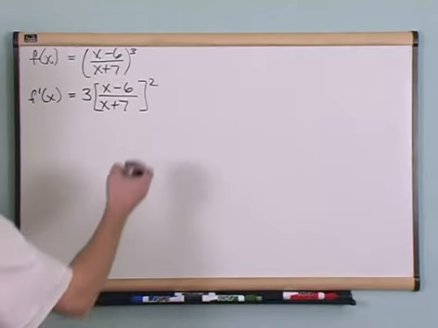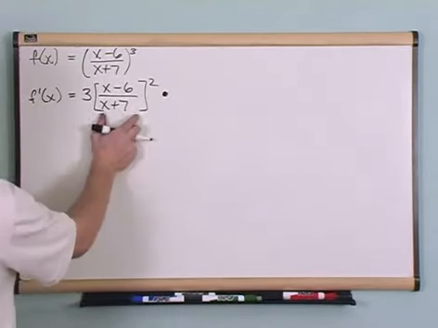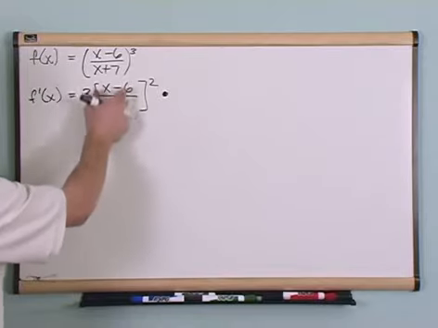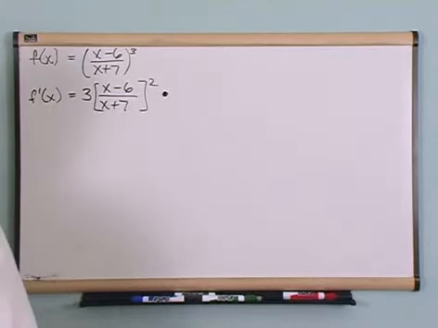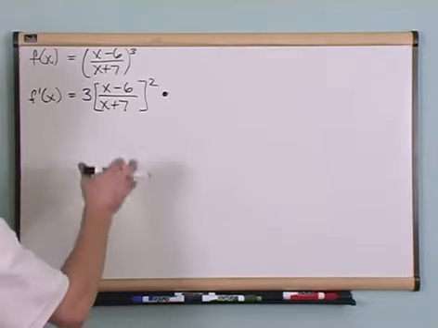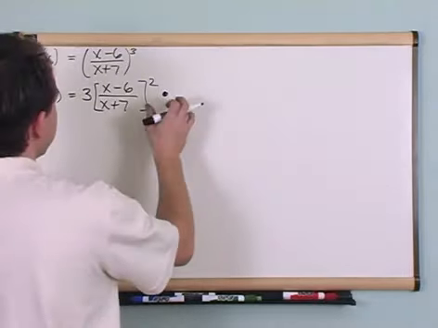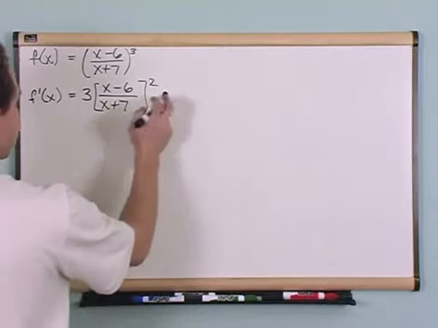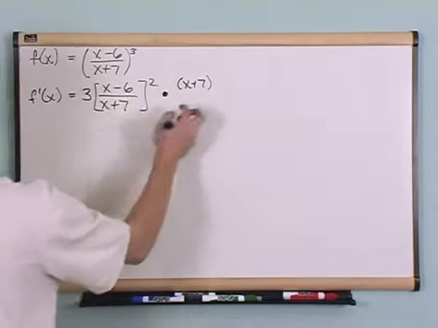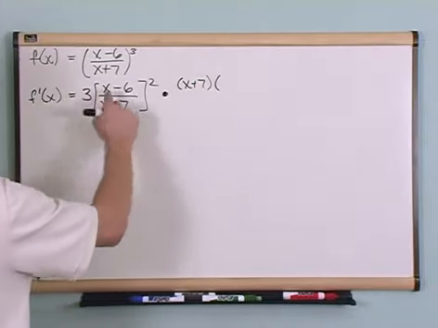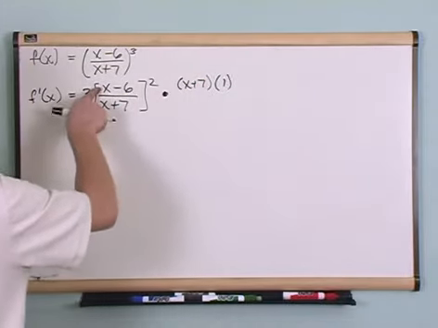Now, I've got to take the derivative of the inside. This stuff, all of this stuff. Now, this is the division of two functions of x. So I've got to use that nasty formula that I used before to help me take derivatives of two functions of x divided by one another. How do I do that? It's the bottom, x plus 7, times the derivative of the top. Derivative of the top in this case is just 1, because the derivative of x is 1.